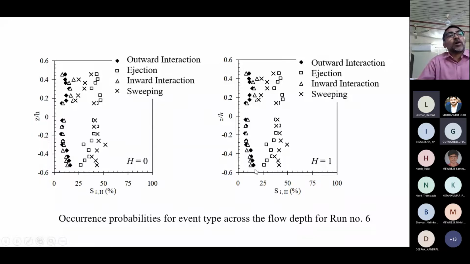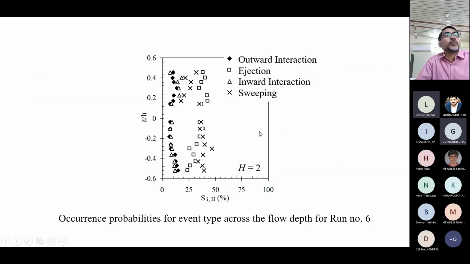Right? So now, what do we have to observe here? While going from h equals to 0 to h equals to 1 and h equals to 2, you can see the probability SIH is reducing. See here, for sweeping, how much would it be?